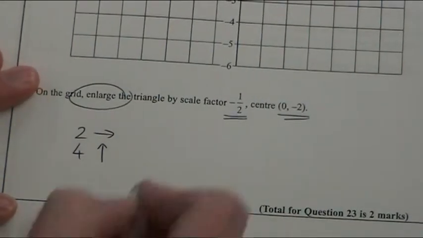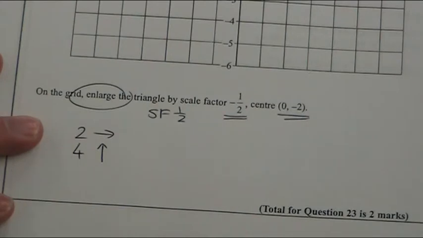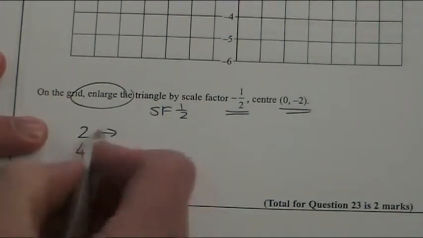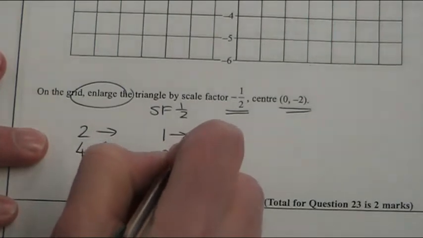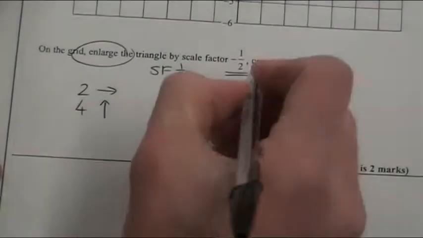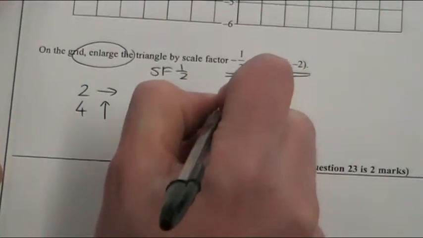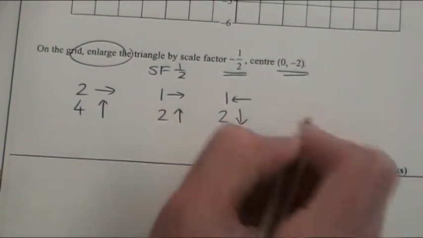Now if it was a scale factor of half, I would be going from my centre of enlargement again, but half of this, I'd be going 1 right and 2 up. And that would get me around this mark here. But because it's a negative half, what I'm actually going to do is go 1 left and 2 down.